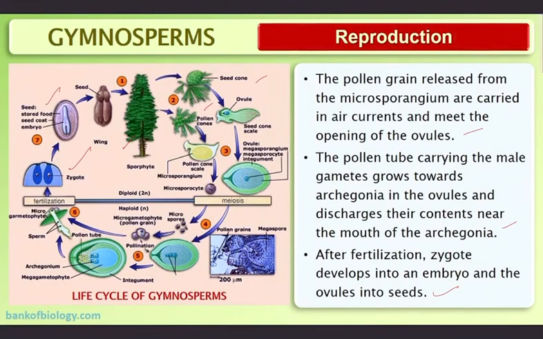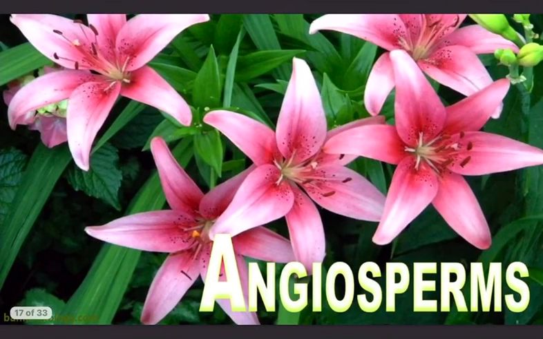As a result of fusion, the zygote is formed and the zygote will develop into the seed. You can see the fertilization, zygote formation, and then the zygote becoming a seed. You can see the stored food, and then the seed develops into an adult. This is how the life cycle of the gymnosperm takes place.